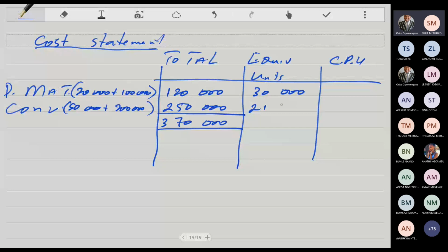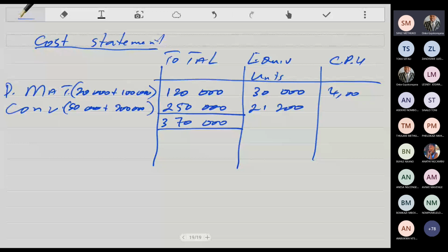If you look at this, guys, this simply means we've already absorbed the cost of the normal loss into these units, because on this 30,000, you've got your good units and your closing, as well as your abnormal loss. Then 250,000, you divide it by 21,200, and it gives you 11 rands 79.